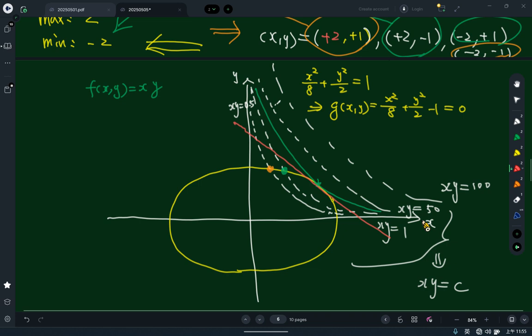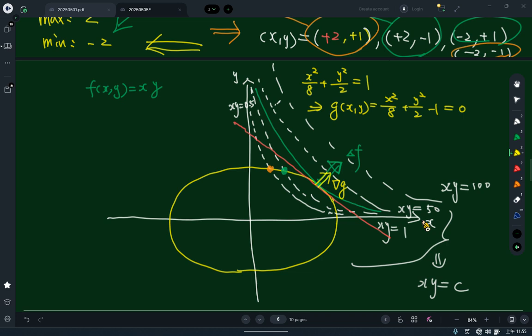Not the same, but parallel. So you can see for the green line, we can get its gradient. We call it gradient f, right? For the yellow line, we can also get its gradient g. Only these two vectors are parallel.